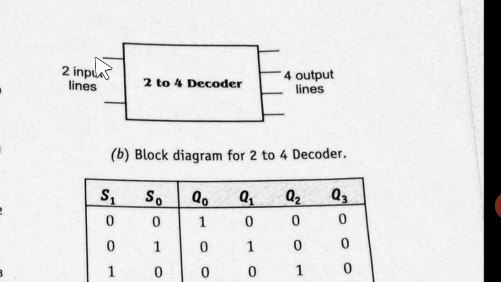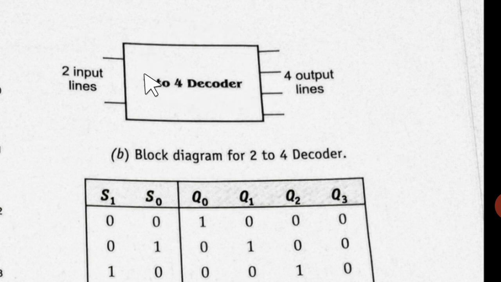Suppose you are having inputs A and B, so here you can have outputs as Q0, Q1, Q2, Q3. Or if you know that these are going to be decimal numbers, you can write them as D0, D1, D2 and D3. So it's your choice. Alright, so it's a simple block diagram. After the definition you can draw a block diagram.